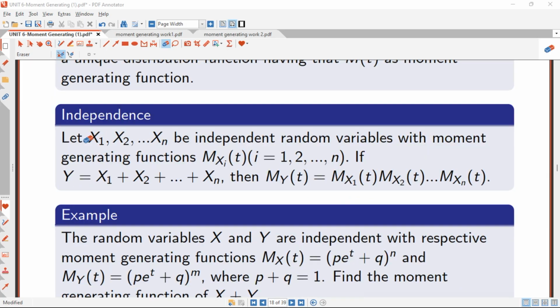It says that let x1, x2, to xn be independent random variables with moment generating functions.